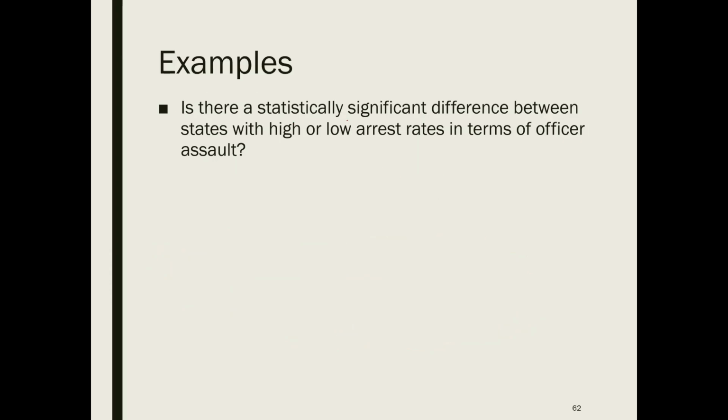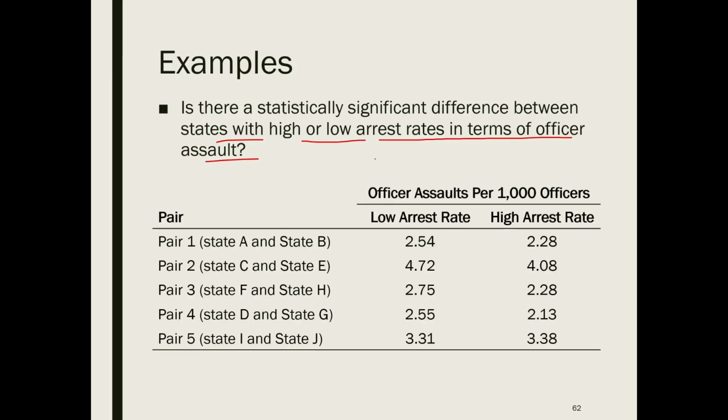Is there a statistically significant difference between states with high or low arrest in terms of officer assault? So we match state A and B together, state C and E together, state F and H together, state E and G together, state I and J together.